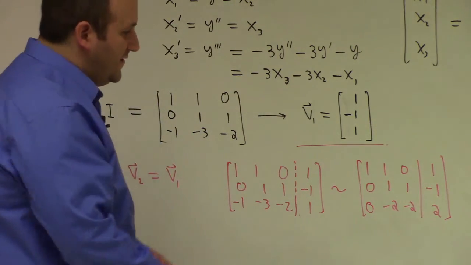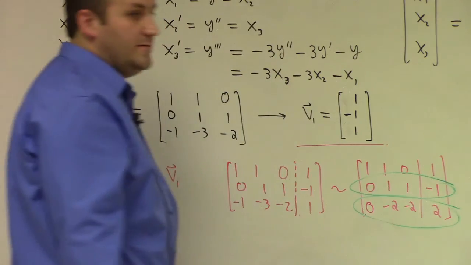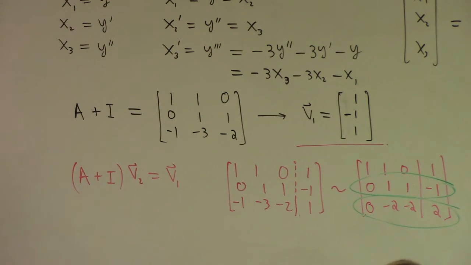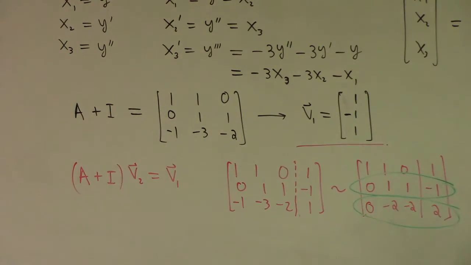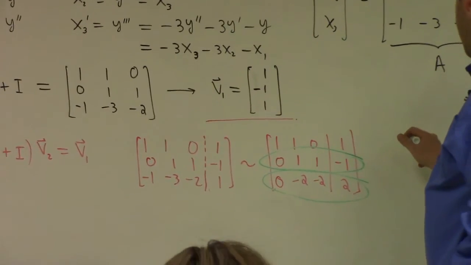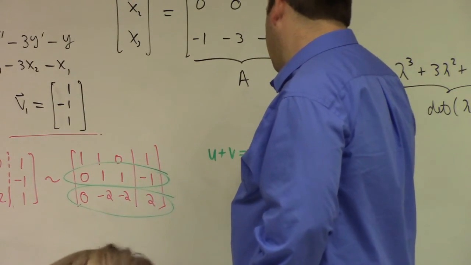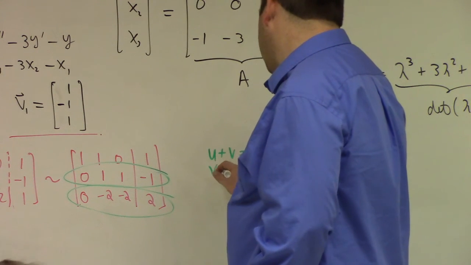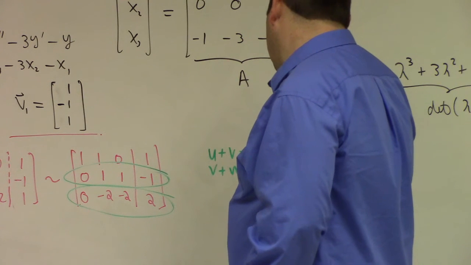So these two are the same, right? So ignore one of them. And all right, so I see what's going to happen. I basically have to solve u plus v equals 1 and v plus w equals minus 1.